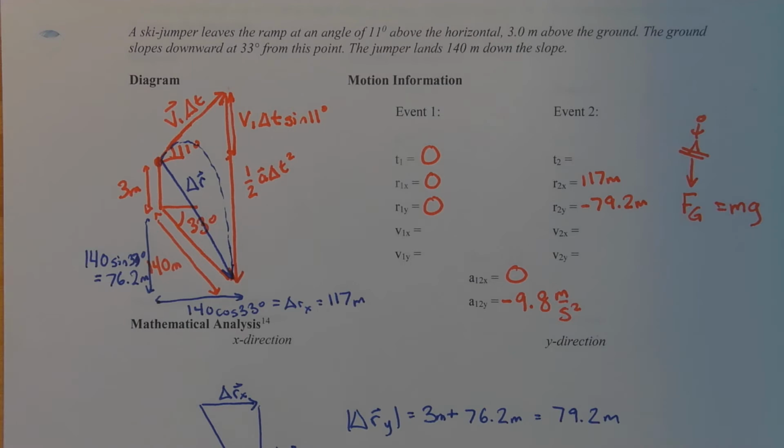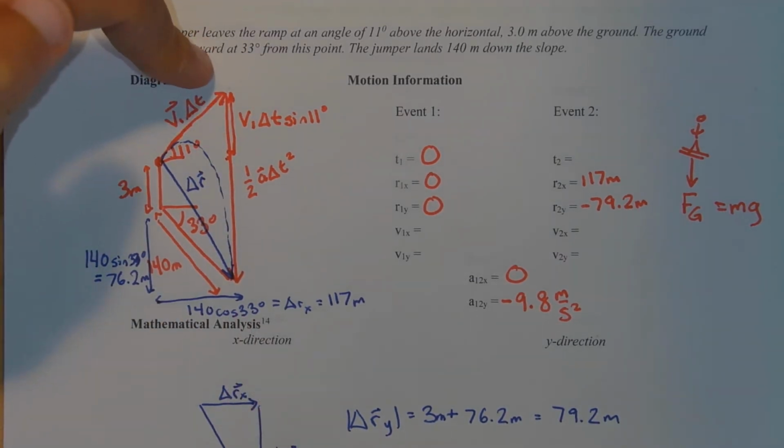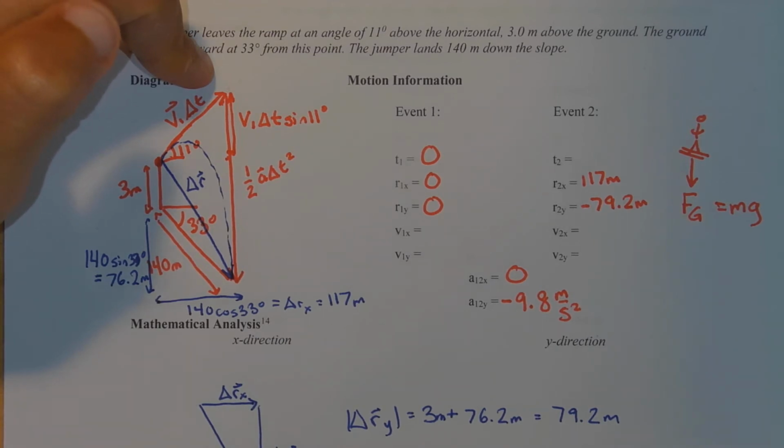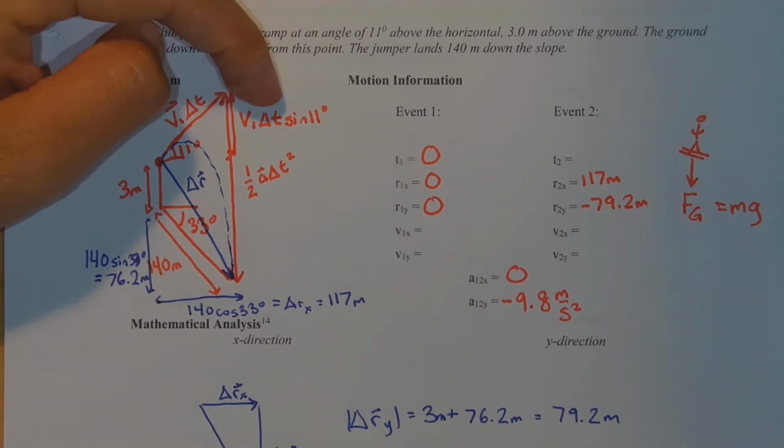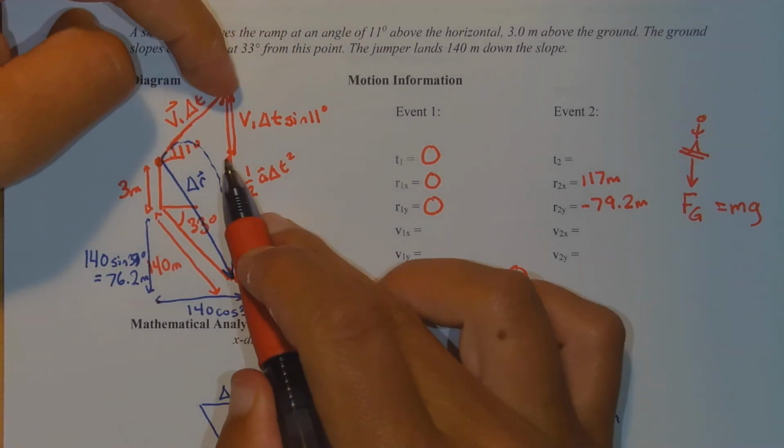Okay, so looking in the y direction, I have 1/2. Now it's the length of this vector, so it would be positive 9.8 meters per second squared times delta t squared is equal to v1 times delta t times sine of 11 degrees. That's from here to here.